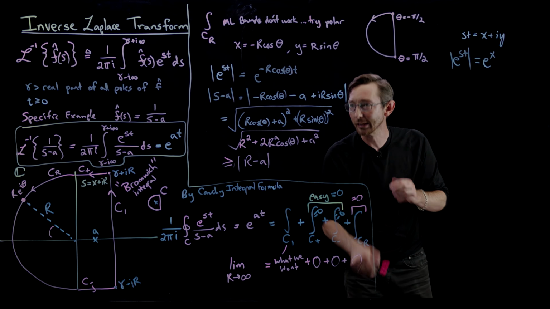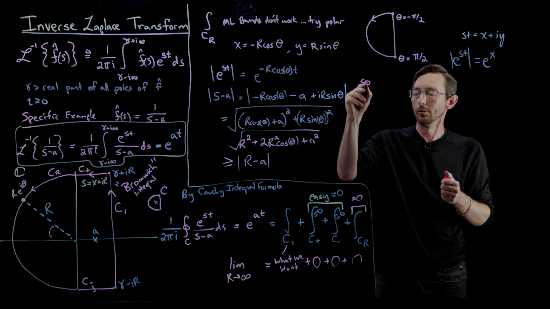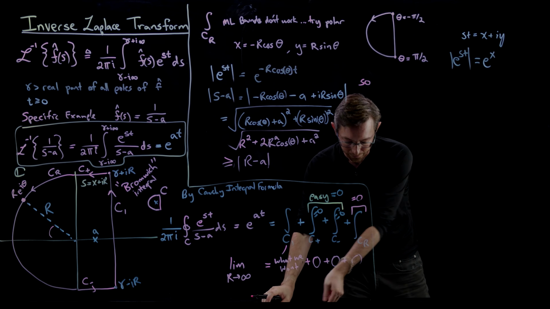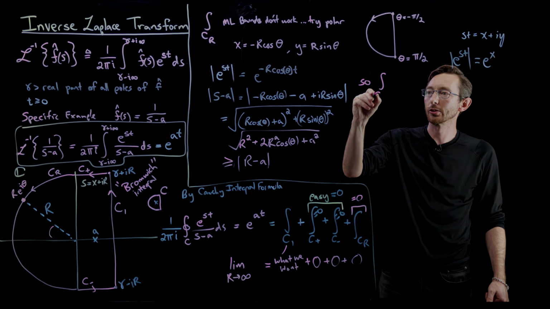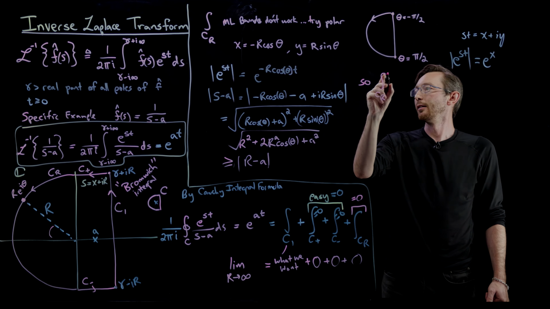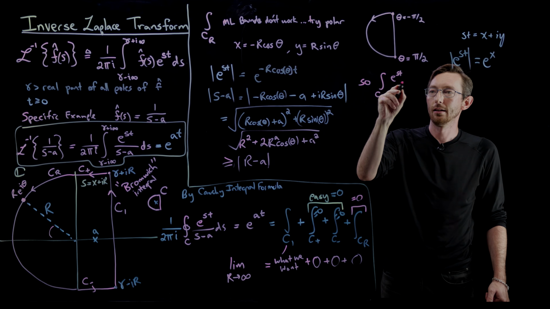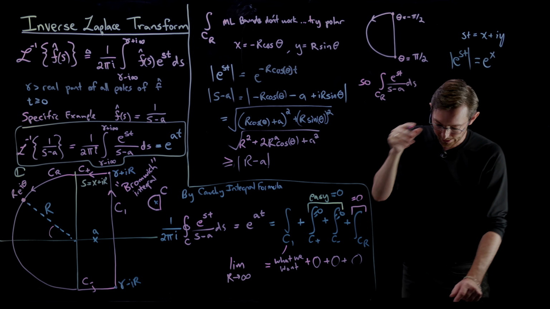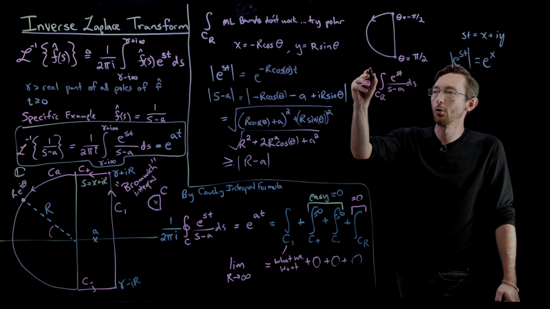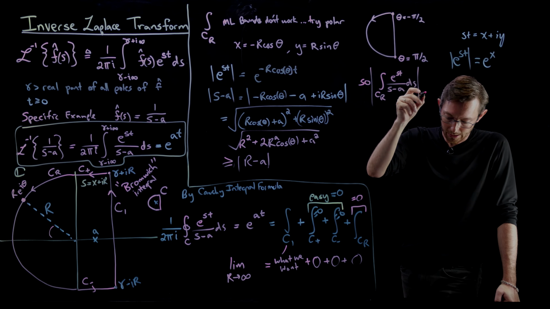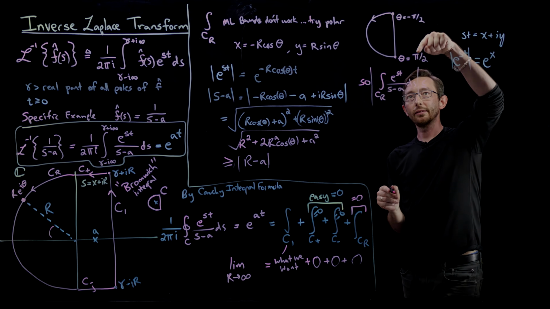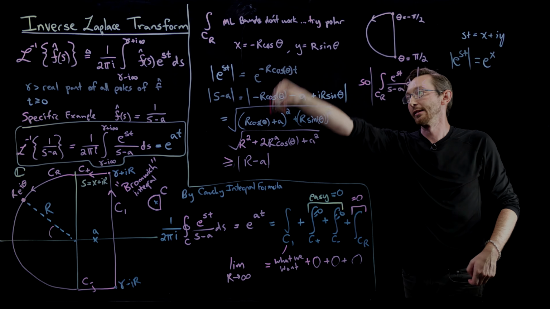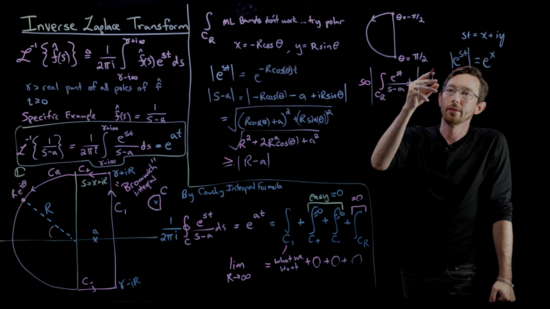And so what this means is, I'm going to say the integral over CR of e to the st over s minus a ds, let's say that the norm of this whole thing is strictly less than this integral. We're going to now integrate over thetas because we've gone to polar coordinates.